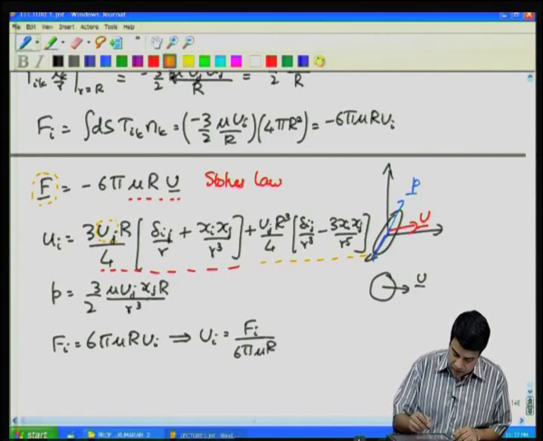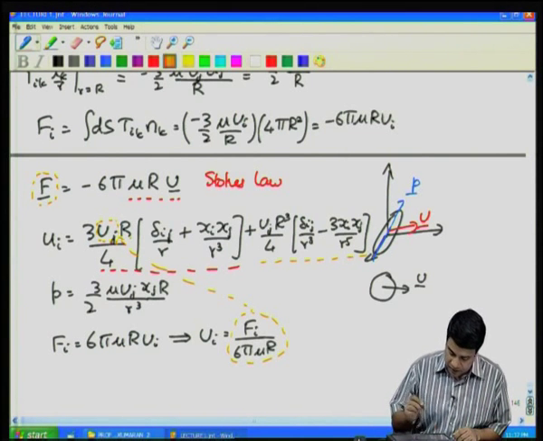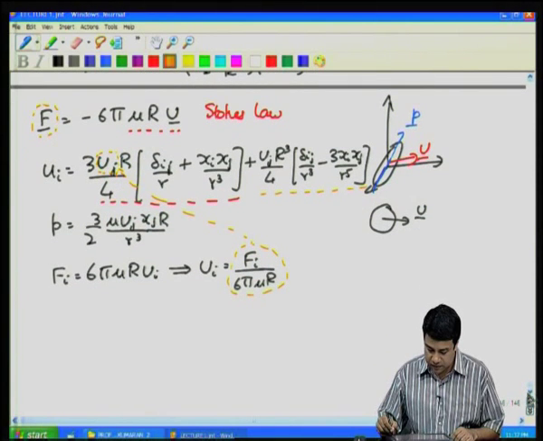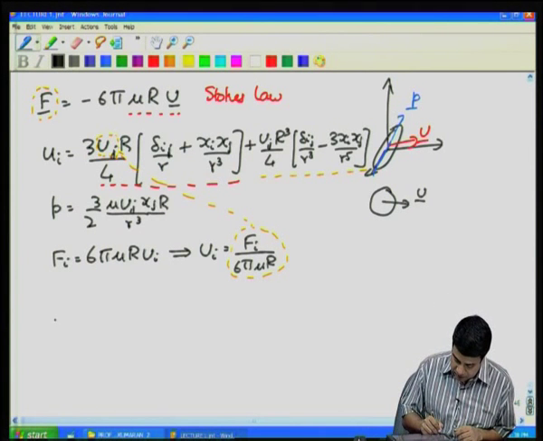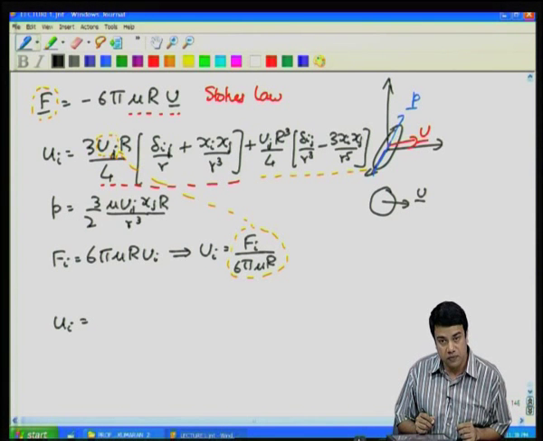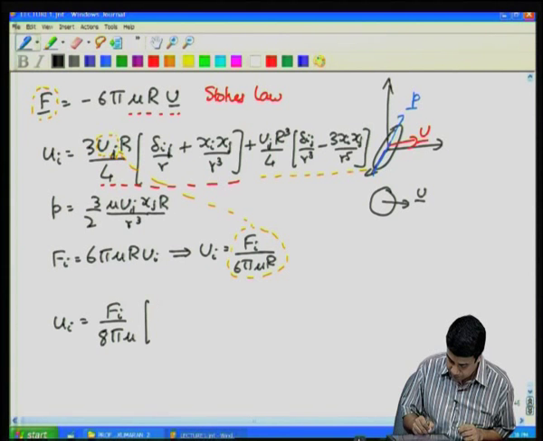Substitute this in the expression for the velocity, to get the velocity not in terms of the velocity of the object, but rather in terms of the force exerted by the object on the fluid. If you substitute that, you will get u_i is equal to 3 by 4 times 1 over 6 pi, which gives F_j by 8 pi mu, into r cubed.